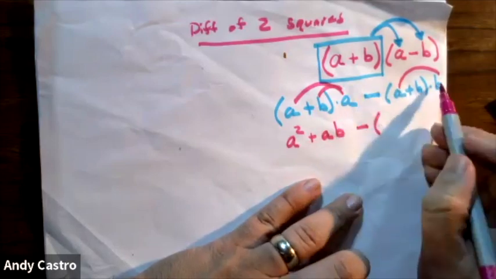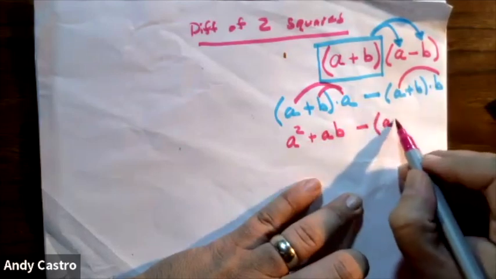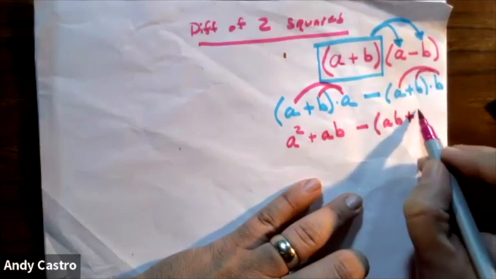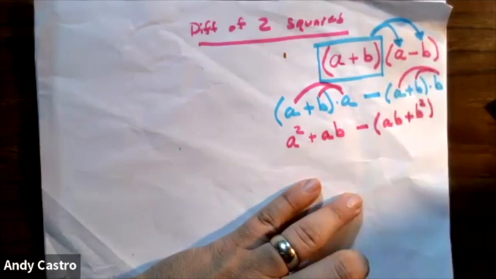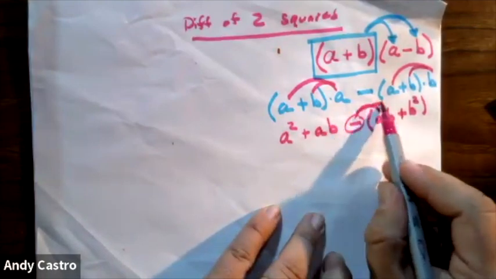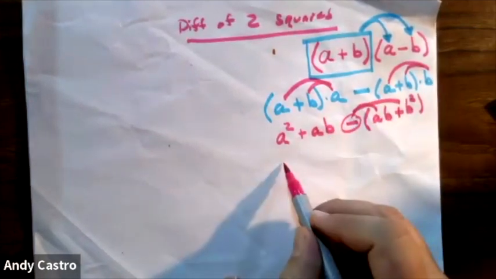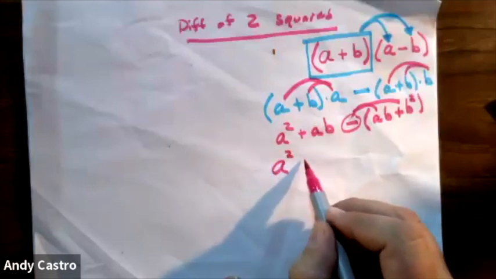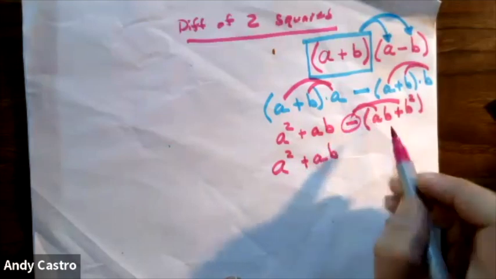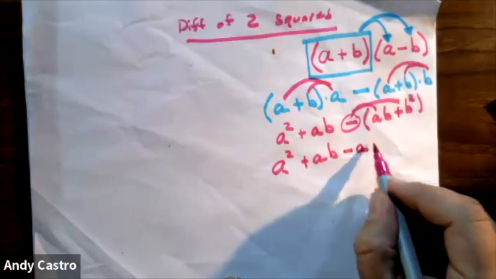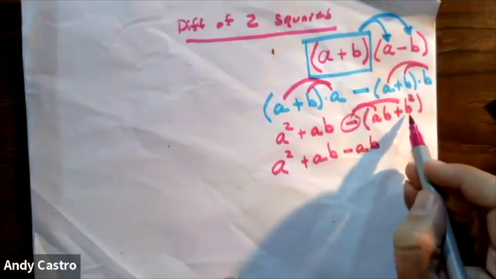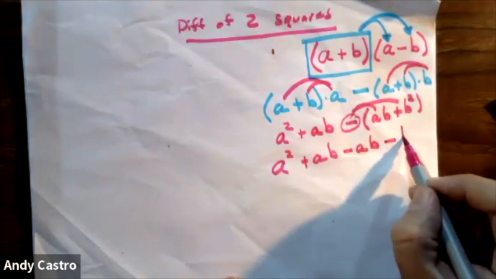So let's do one thing at a time. B times A is AB. And then B times B, B squared. All right, now let's take this negative and distribute it through. So this is A squared plus AB. Negative 1 times AB is negative AB. Negative 1 times positive B squared is negative B squared.